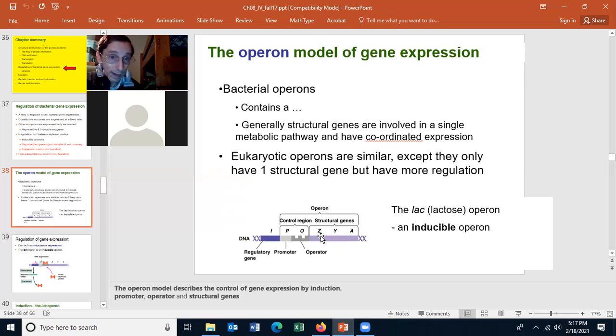When we talk about the blue-eye gene or the brown-eye gene in people, we're talking about a structural gene. An operon includes the structural gene, and there may be more than one structural gene in that operon, and then the controlling regions of the DNA around the structural gene. So you can think of the operon as the super gene. It includes the gene of interest and then the controlling regions around that gene, and it's not labeled here, but the terminator that ends the gene.